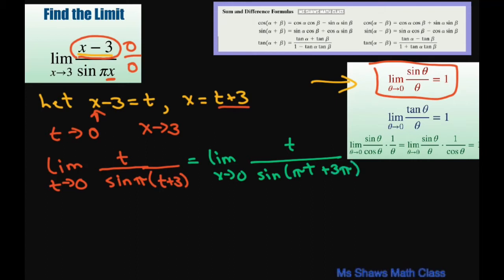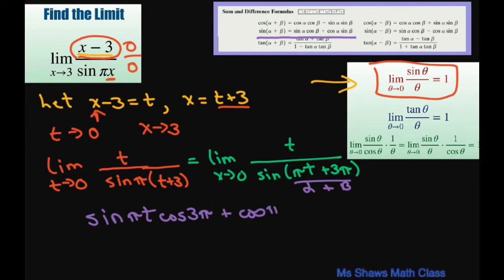All right. Now, to do this, remember we're going to have to use our sum formula for sine of alpha plus beta. So this would be like your alpha plus beta. So expanding this, we're going to get sine of alpha times cosine of beta plus cosine of alpha sine of beta.